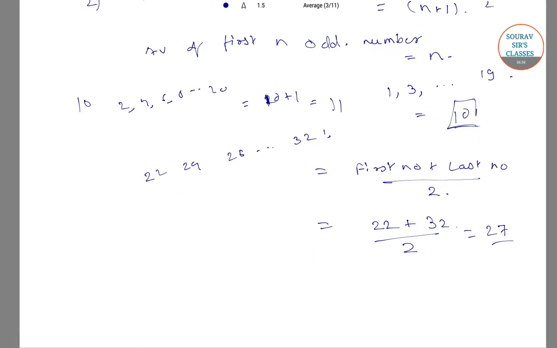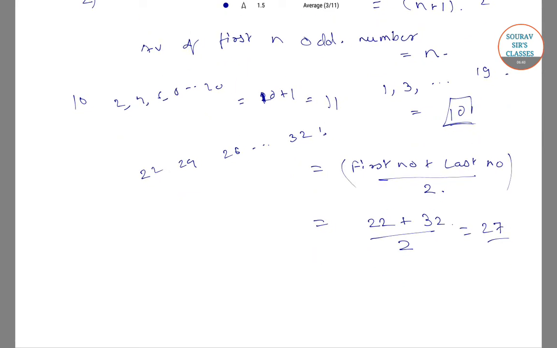We can use the same formula to find the average of first n odd numbers. For that, we have to add 1 to the last odd number and then divide it by 2.